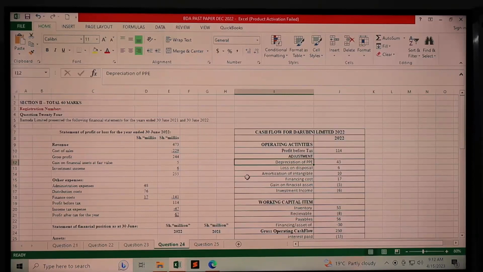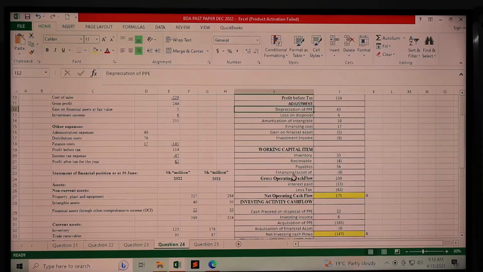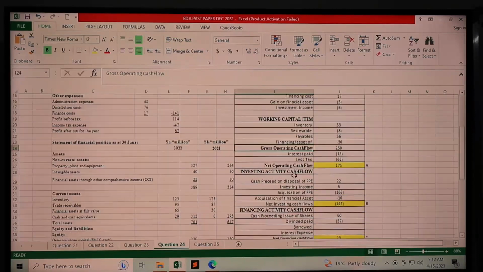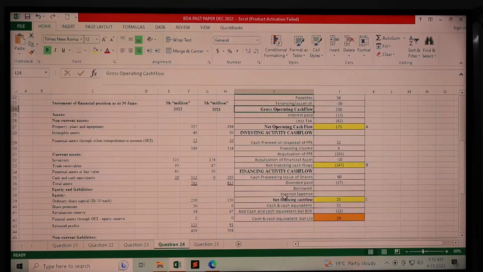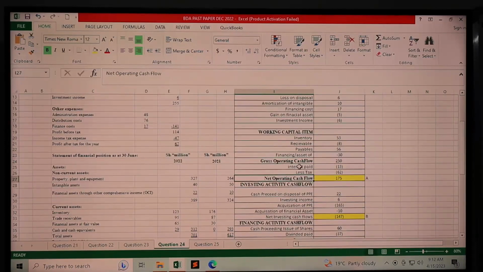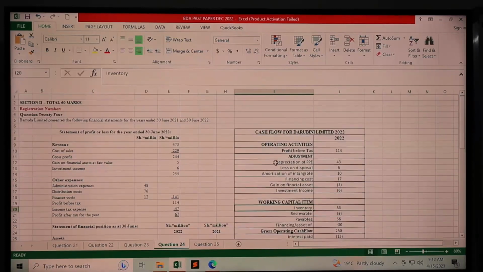The question will be set to compute the cash flow for a given year, so you have to know how to extract your data. This question we did together, and if you want to access the videos, we only did one for 2022 and the other one for the pilot paper.